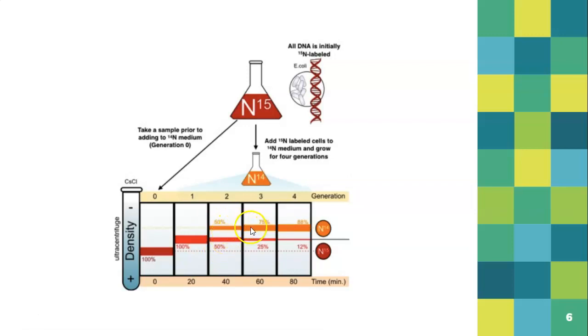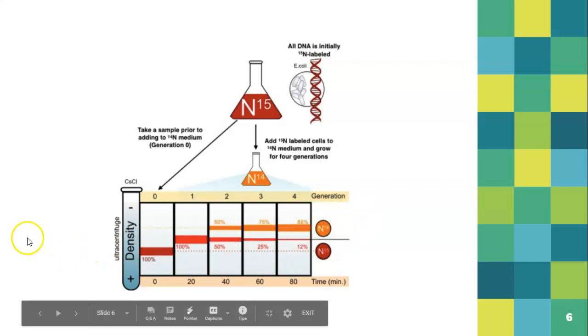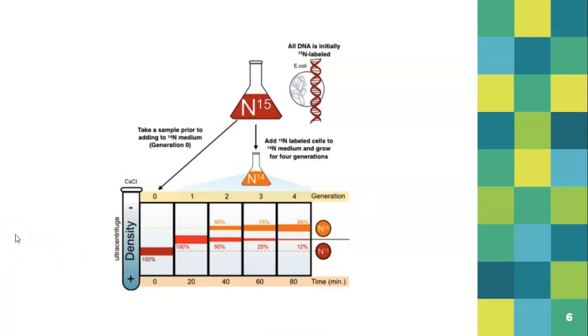And then as it continues to replicate, you can see that the lighter version of DNA becomes much more frequent, and that is because there's only one original parental strand of DNA. And then as they continuously replicate, say you have the parentals and then the F1 generation, that F1 generation replicates again, but half of the F1 generation is with the N14 density DNA.